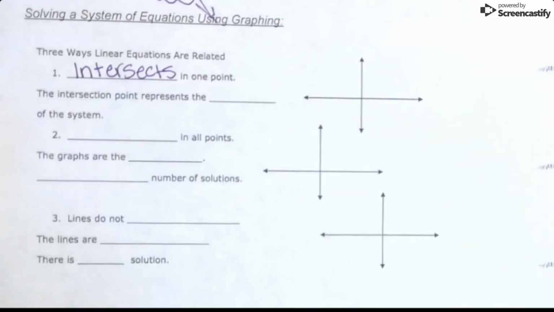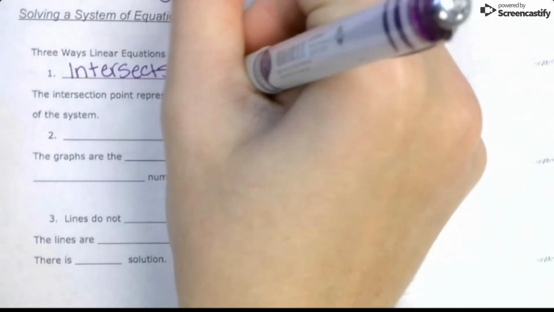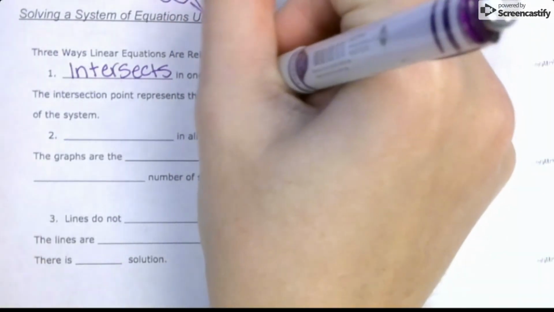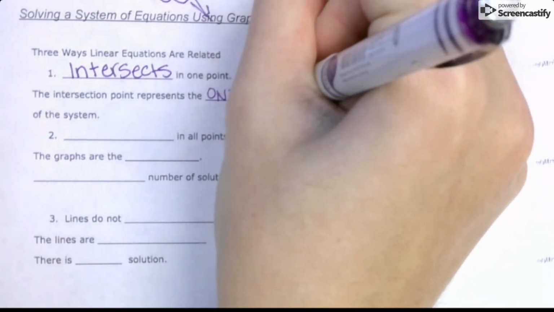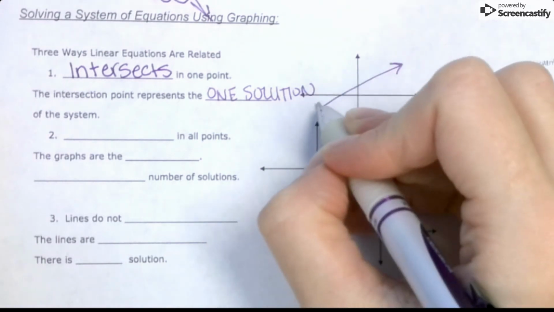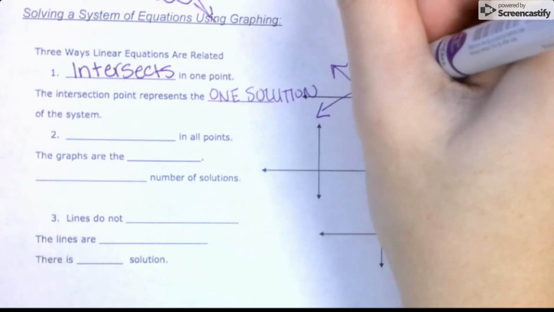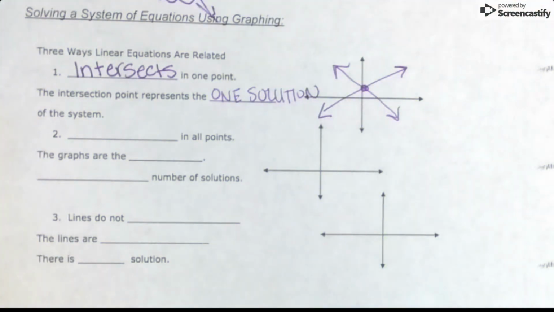So, the first one intersects at one point. The intersection point represents the one solution of the system. So you're going to draw two lines, and they should intersect at one point.